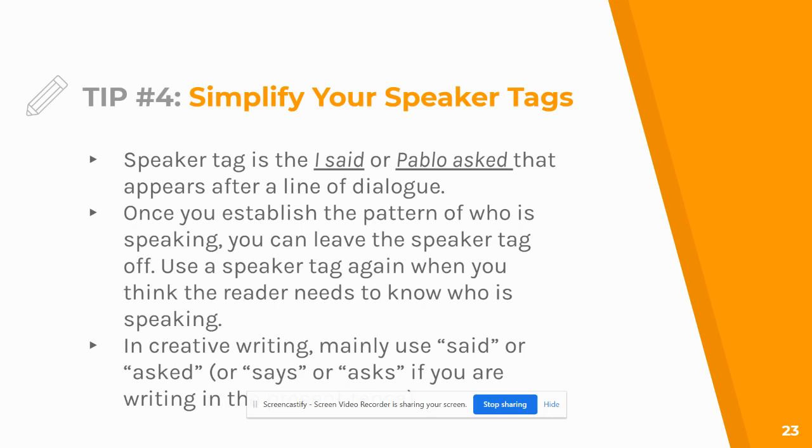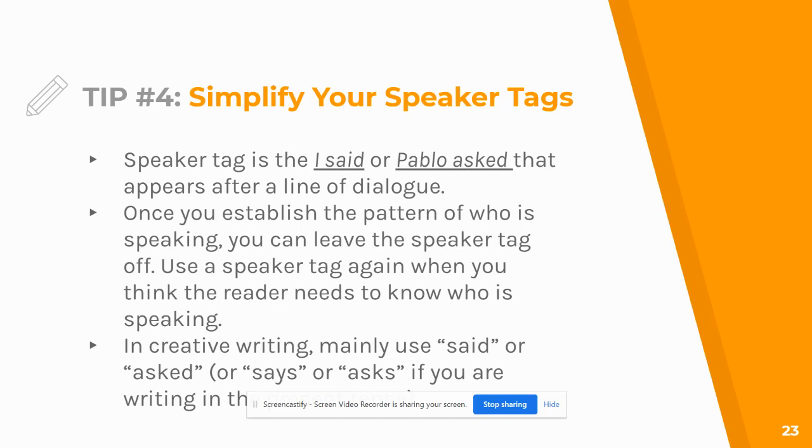Another thing to think about is once you establish a pattern of who's speaking, you can actually leave them off. You don't have to, and if you look at the Trevor Noah one, I don't have the screenshot in here, but when he's talking to Joanne on that last page, he doesn't always use a speaker tag. But we know who's speaking because they go back and forth.